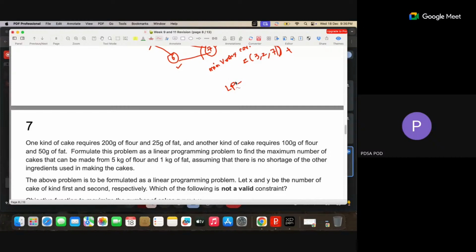Some constraints are there. In a linear programming model, variables are always involved, constants are involved, and constraints, some kind of conditions. Using them, we try to achieve objectives. Is it right?